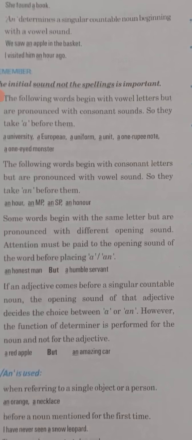They are actually consonant letters, but they give the sound of a vowel, like honor, an o sound, and MP, an e sound. That is why we use an there, because it gives the sound of a vowel. So we don't have to look for the letter, we have to check for the sound, whether it is giving a consonant sound or a vowel sound.